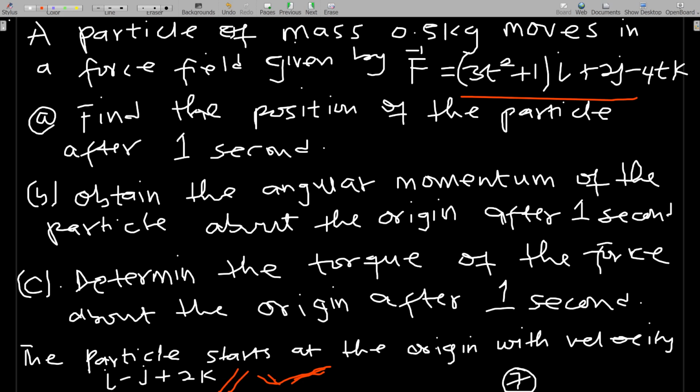Now we're supposed to find the position of the particle after 1 second, obtain the angular momentum of the particle about the origin after 1 second, and determine the torque of the force about the origin after 1 second. Okay, so we have to write our information.